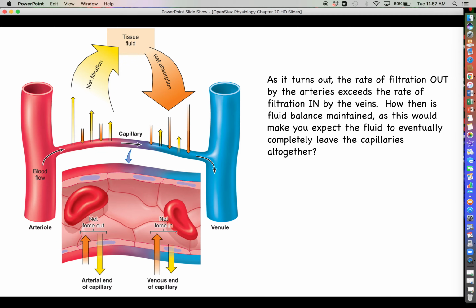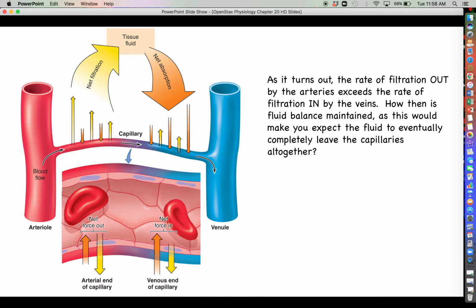Okay, so now let us consider the fluid exchange dynamics here, specifically talking about water. When it comes to water homeostasis, the thing we need to make sure we're always doing, especially here in the capillary beds, is that whatever amount of water we pull out of the capillaries, we put that same amount of water back into the capillaries so we maintain a consistent blood volume.